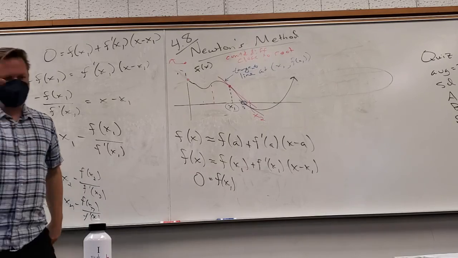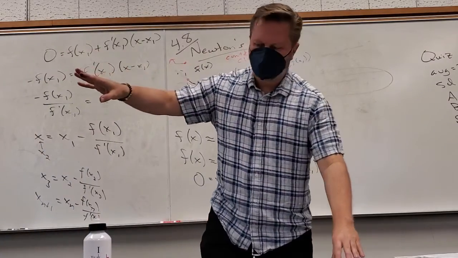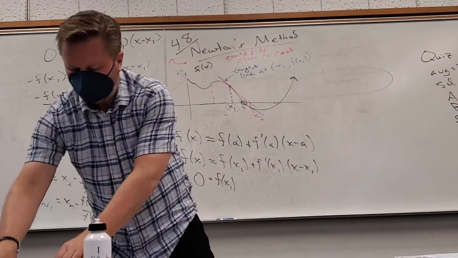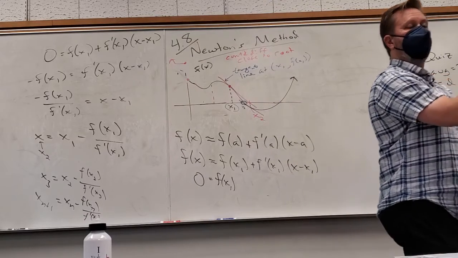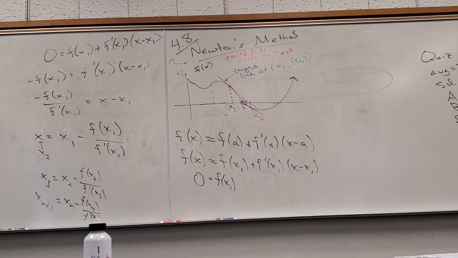So let me do this. I'll give you this sheet. Next time we'll do some examples, but I have the sheet that's got a couple of examples. It's got the actual algorithm written by a computer, so you can actually read it instead of whatever I did up there.